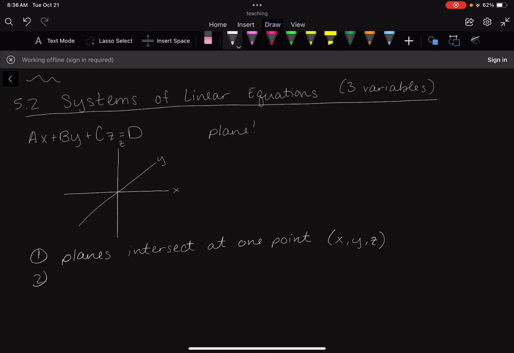They can all be parallel to each other. So this means no solution. If there's no intersection, then there is no solution.